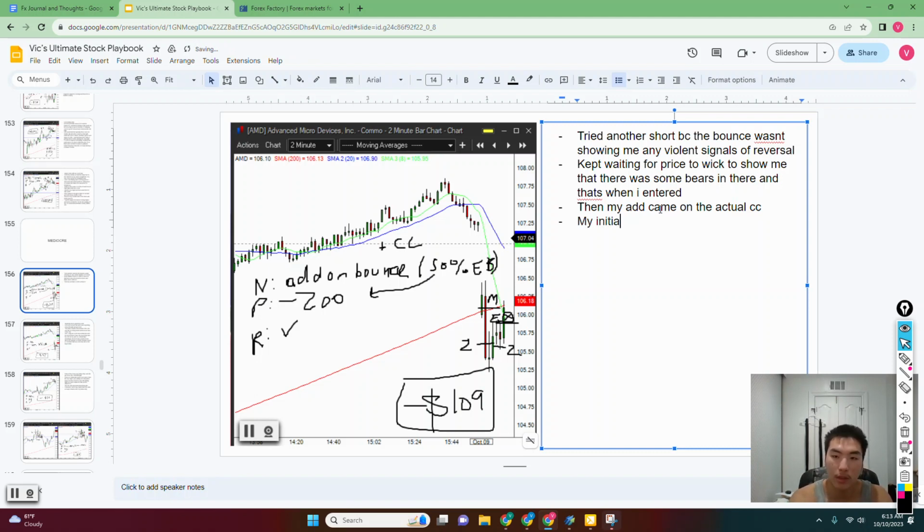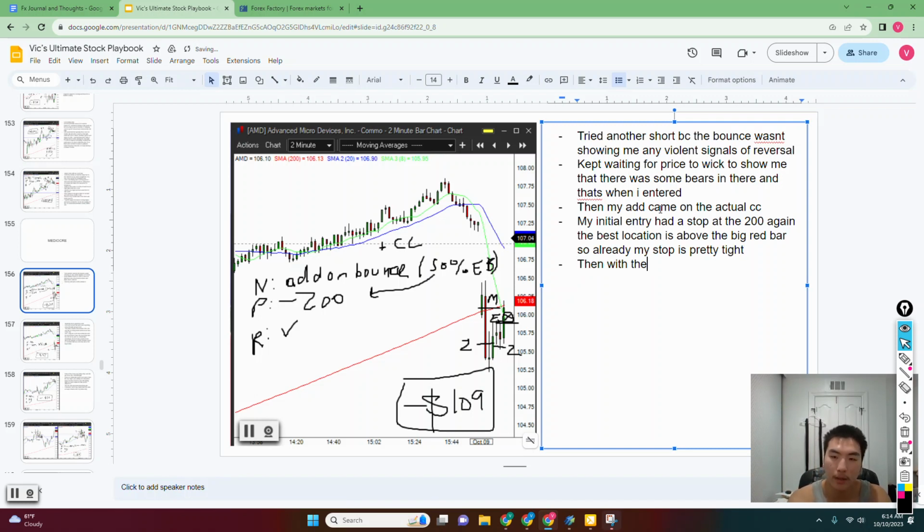My initial entry had a stop above the 200 or stop at the 200. Again, the best location is above the big bar, big red bar. So already my stop is pretty tight.